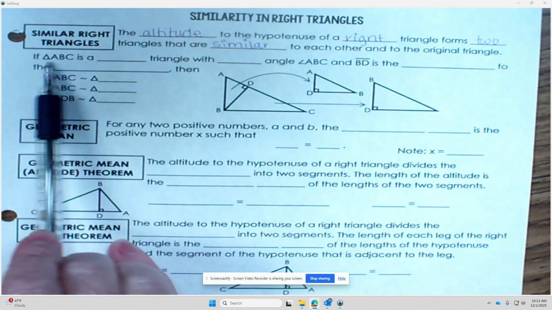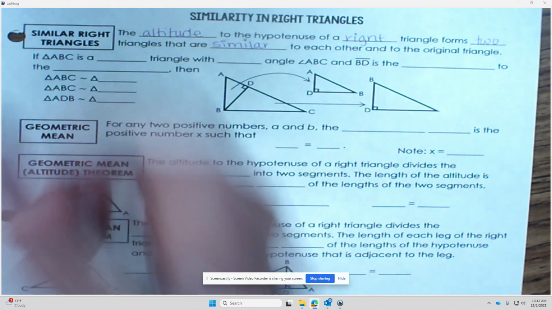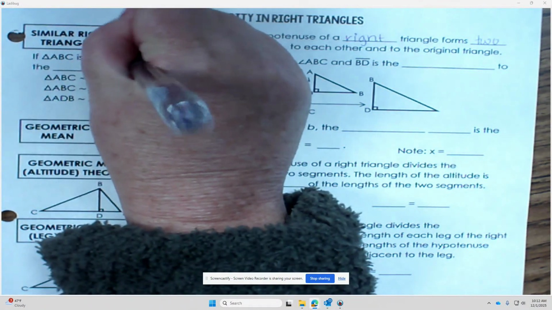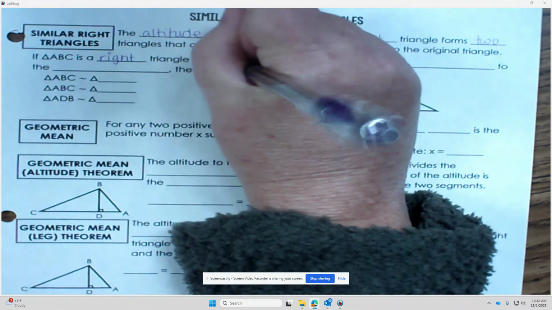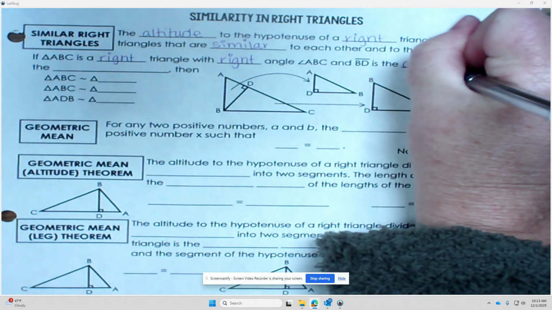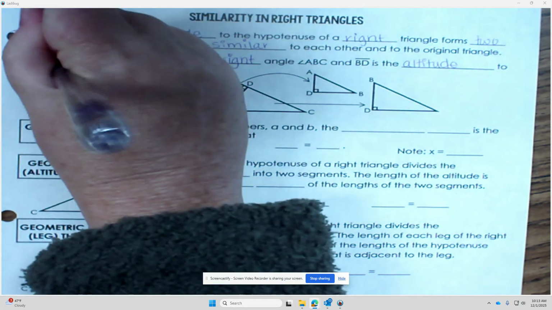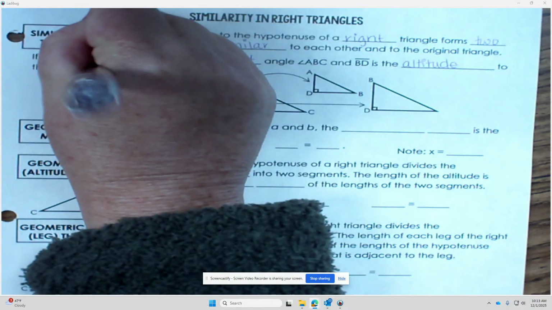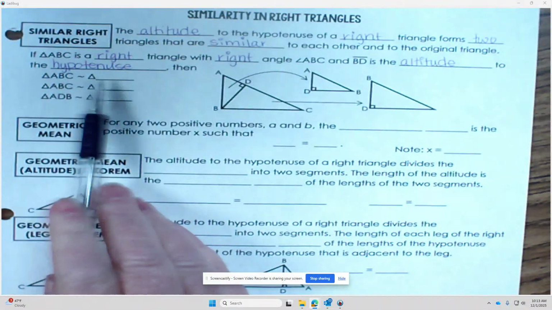For example, if triangle ABC is a right triangle with right angle ABC and segment BD is the altitude to the hypotenuse, then triangle ABC is similar to what triangle?